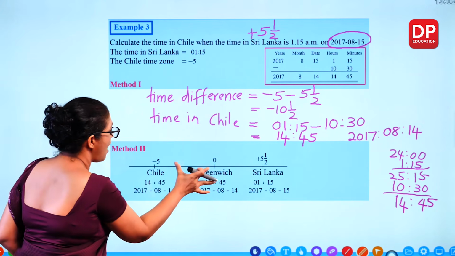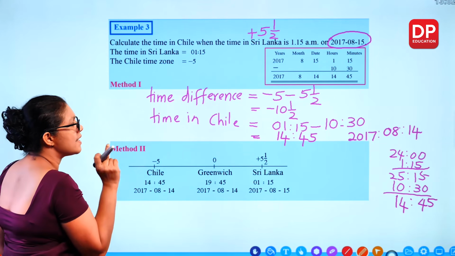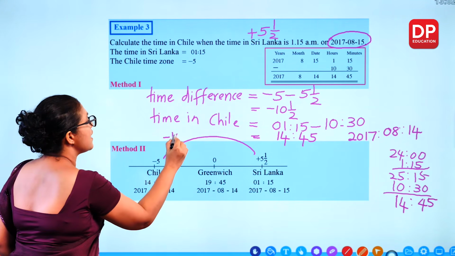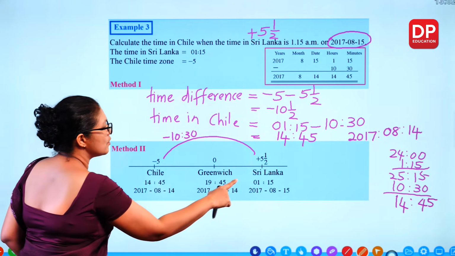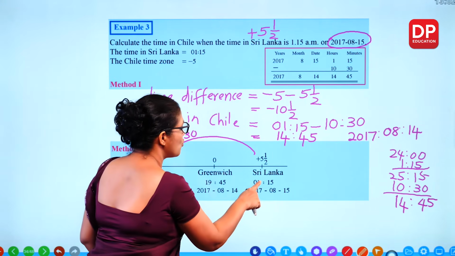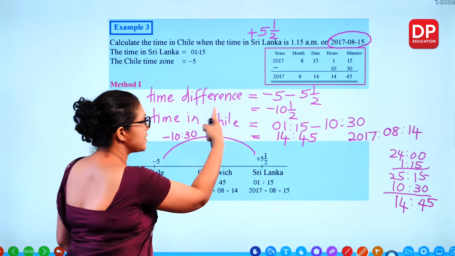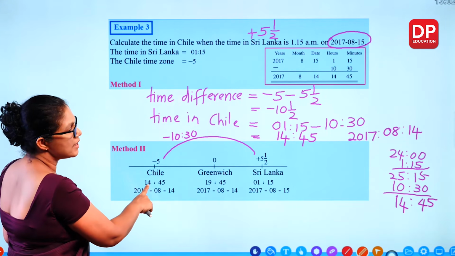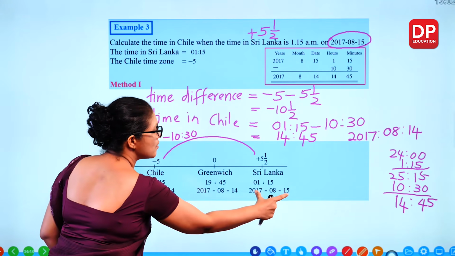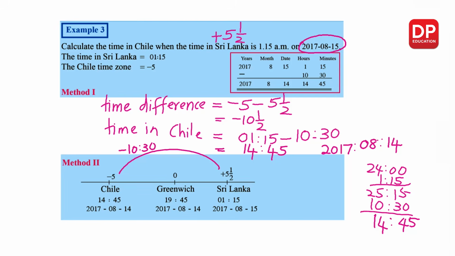So this is 5.5, another 5 hours, altogether 10.5 here to here. So minus 10.5. So this time is 1:15. So you can convert this by adding 24, 25:15. Same thing, subtract 10:30, you get 14:45. And this is the previous day. So this is the Sri Lankan date and this becomes Chile's date.